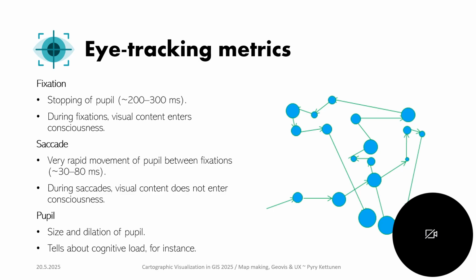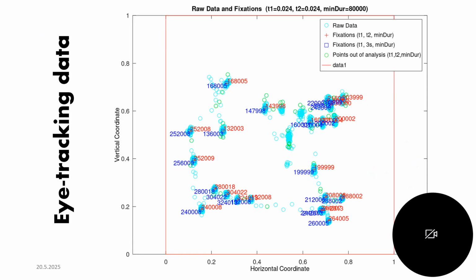Maybe very unconsciously there is something happening, and that's what they are currently studying in the study of the visual system of human beings. But essentially, we need to understand what happens in the fixations. Maybe something through the pupil can be studied as well. Eye tracking data as raw data looks like this.